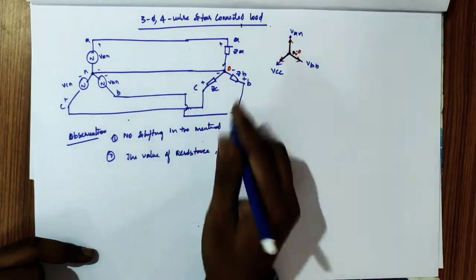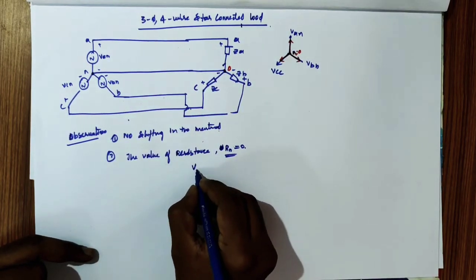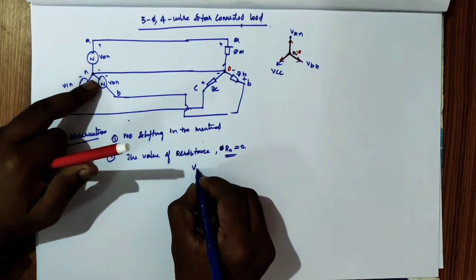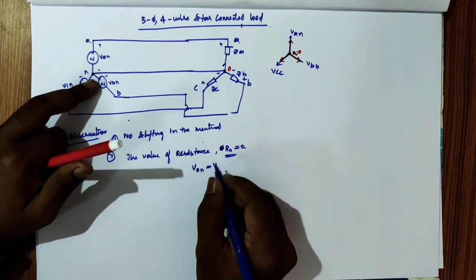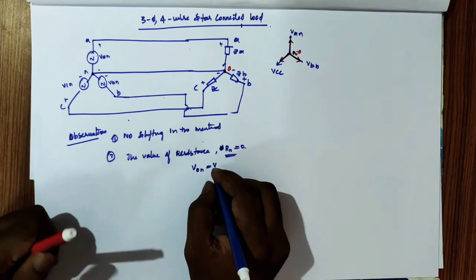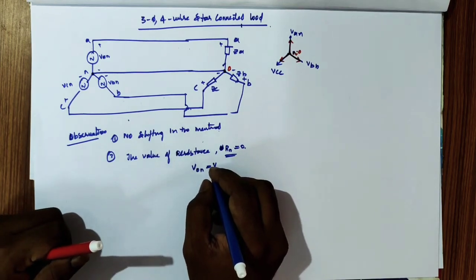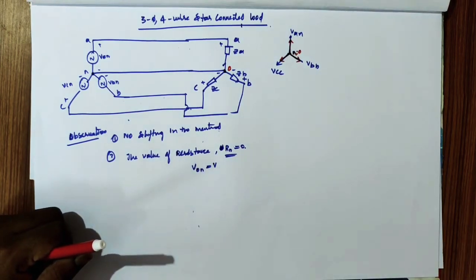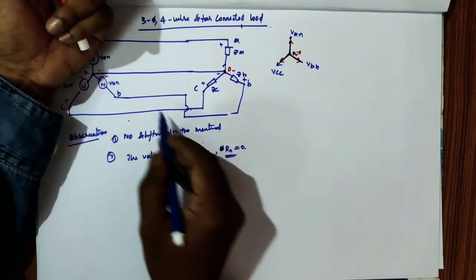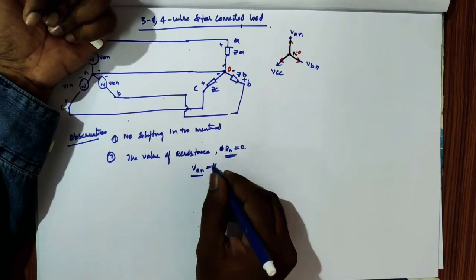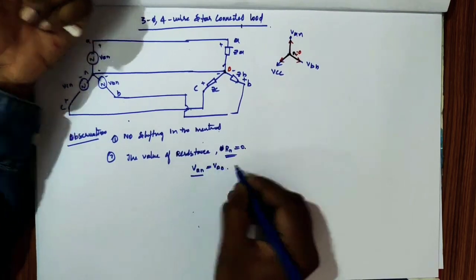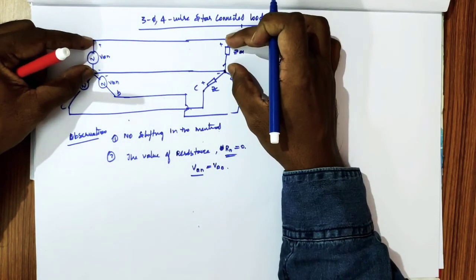If we take the negligible value, then we obtain the voltage VON equal to 0. If you take the resistance equal to 0, then we obtain VAN equal to VAO. So the three voltages will be equal.